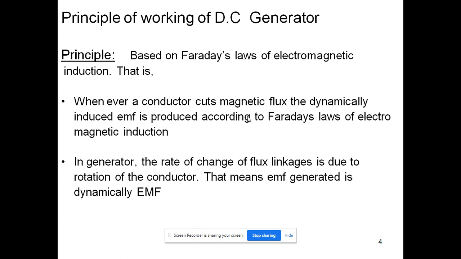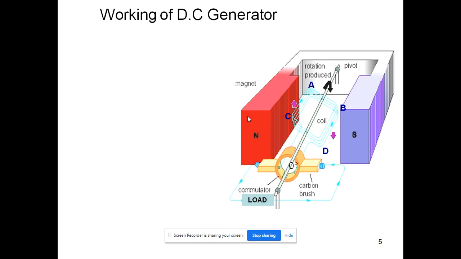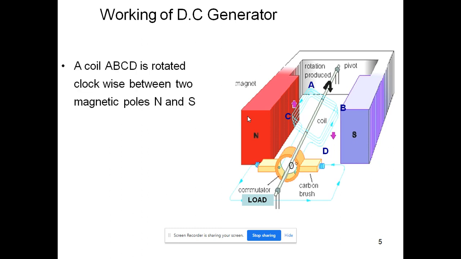In a generator, the rate of change of flux linkage is due to rotation of the conductor. That means the EMF induced is a dynamically induced EMF. Now let us see the working of DC generator.